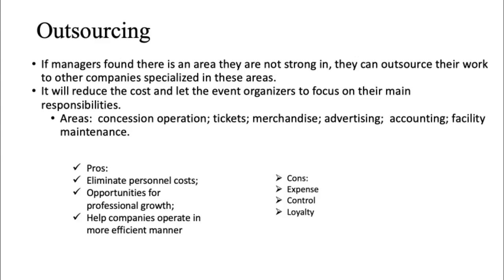The benefit of having an outsourcing service is that it can reduce the cost. We don't have to hire people or train them, and because these people have specialties that we don't normally have, they can help us perform the job better.